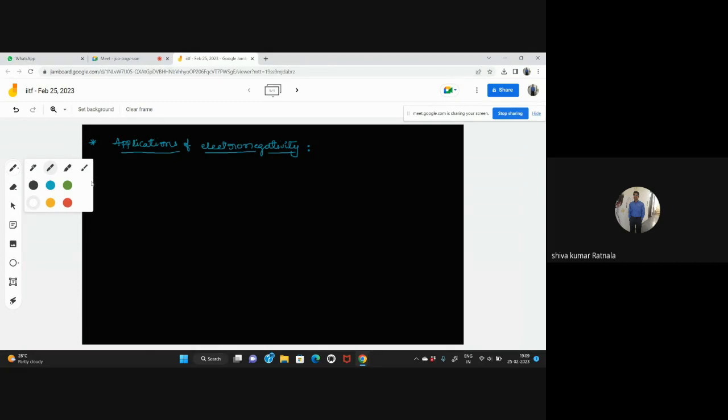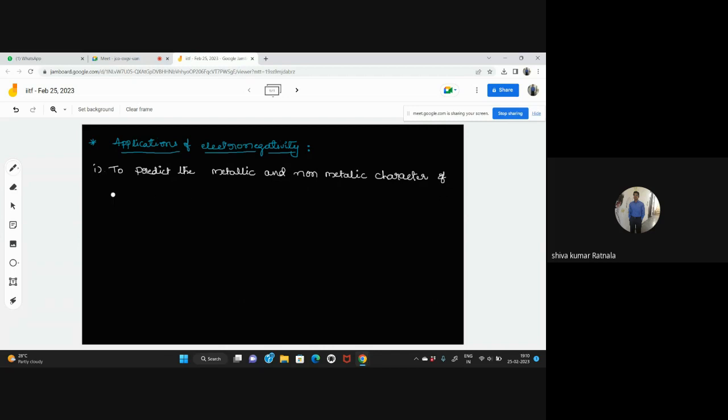First application is to predict the metallic and non-metallic character of atoms.